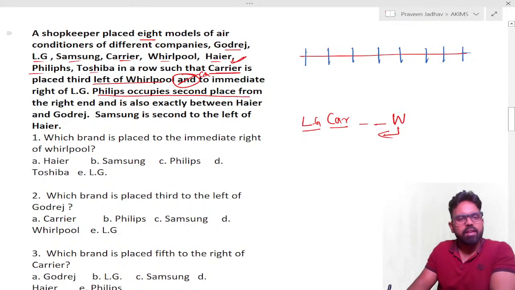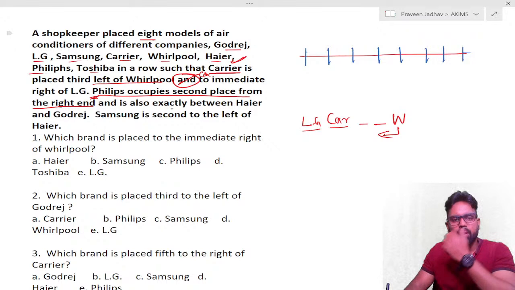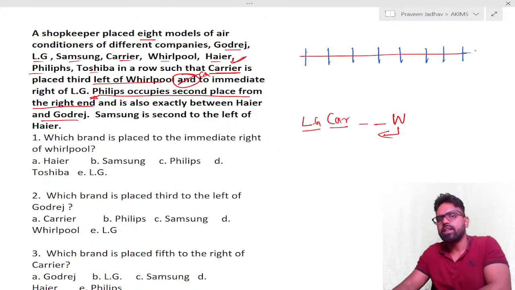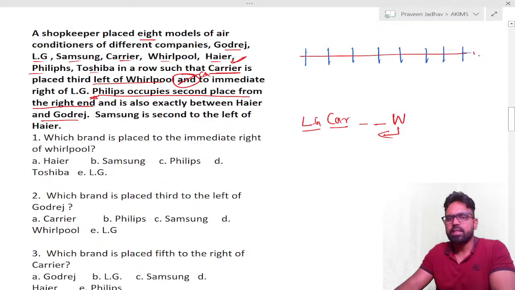Next, look at it. Philips occupies second place from the right end. Okay, this is an important point, right? And is also exactly between Harrier and Godrej. Look, Philips occupies second place from the right end. Right end is this end. First, second. Who will be here?